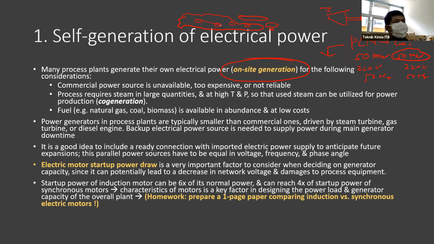This transmission needs to be synchronized. Why? I will explain it to you. Maybe Pak Hendra will explain to you. Because electricity is distributed in what? In wave. The electricity produced is an alternating current. So in wave.